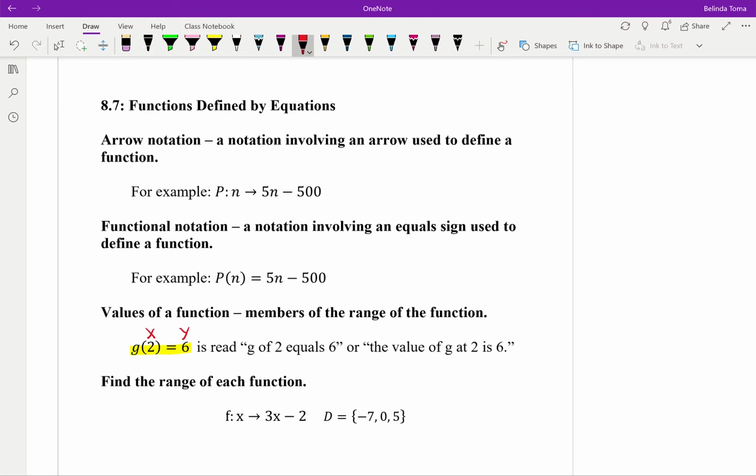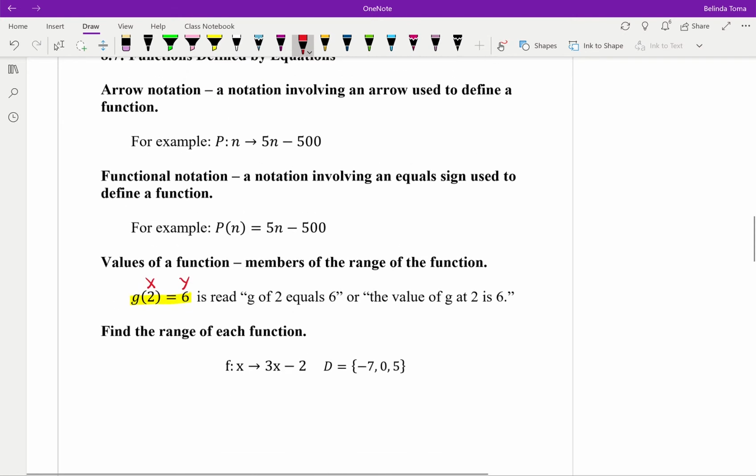So if we were to find the range of a function here, it means that we're putting in these individual values for the x. So if I plug in negative 7 to the function, then what I get is 3 times negative 7 minus 2.